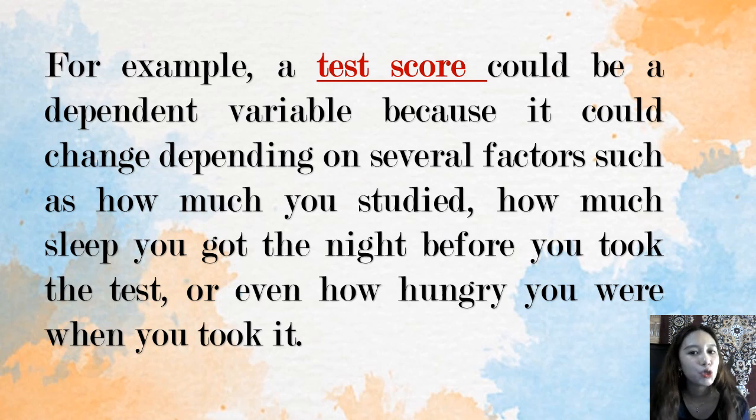A test score could be a dependent variable because it could change depending on several factors, such as how much you studied, how much sleep you got the night before you took the test, or even how hungry you were when you took it.